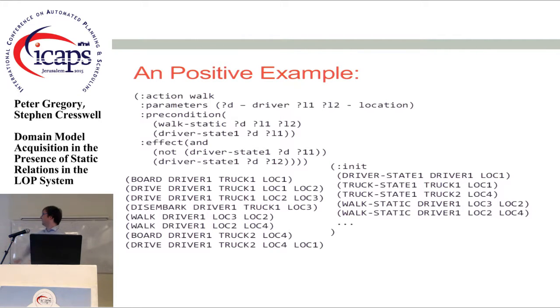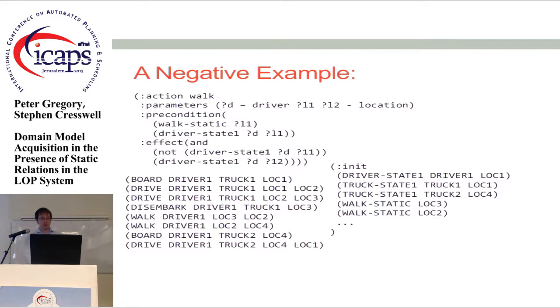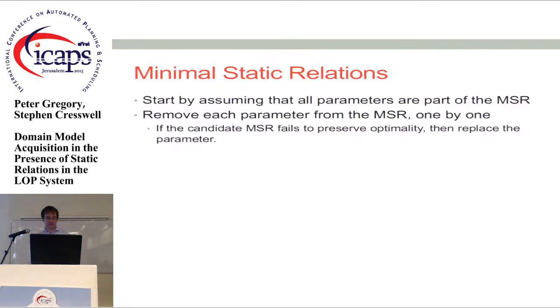But it's still okay, it still preserves optimality. This is a negative example. In here, we've got only a static on L1. This means that the locations that you go from are restricted, but not the locations that you go to. So you might only be able to start in location 1, but you can go to anywhere from there. That's not going to preserve optimality.